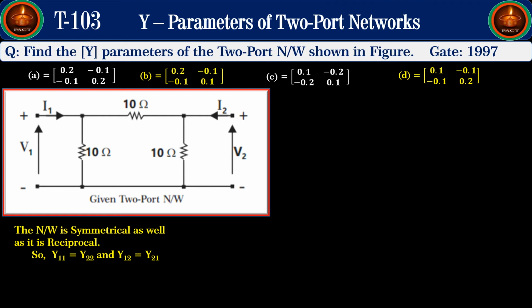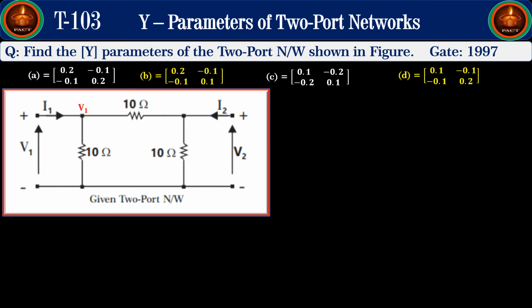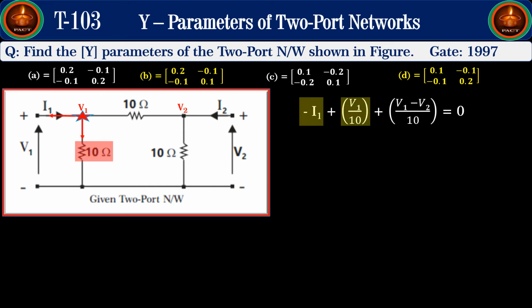Now, you also observe that the input port V1 appears across this junction and the output port V2 appears across this junction. Now, by writing the Kirchhoff's nodal equation for the junction node V1, we get minus I1 plus V1 by 10 plus V1 minus V2 by 10 is equal to 0.